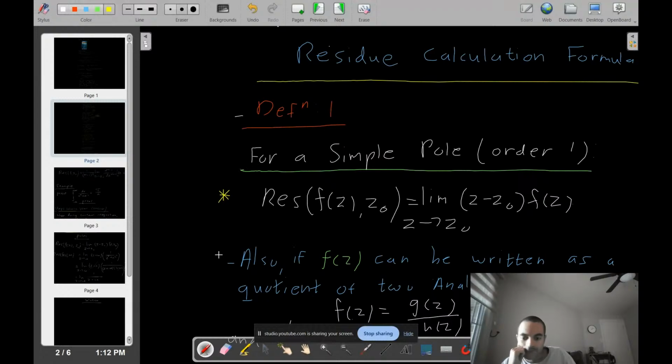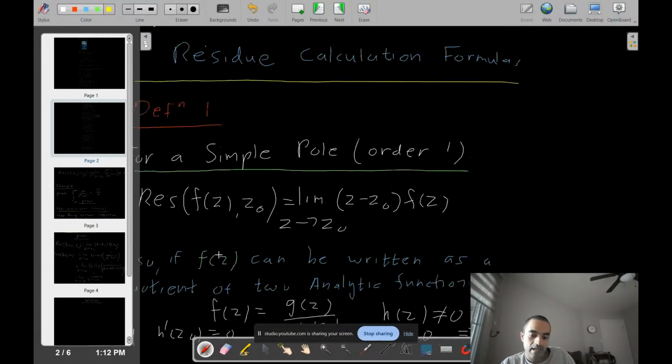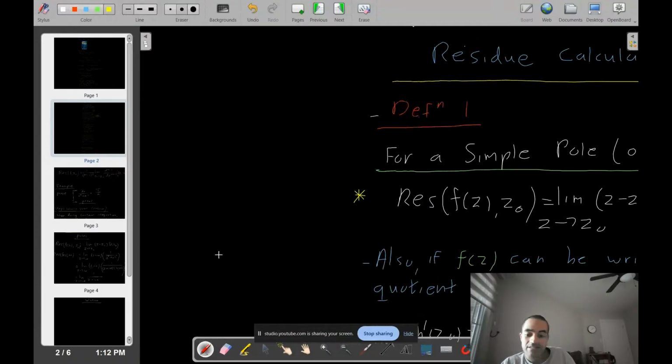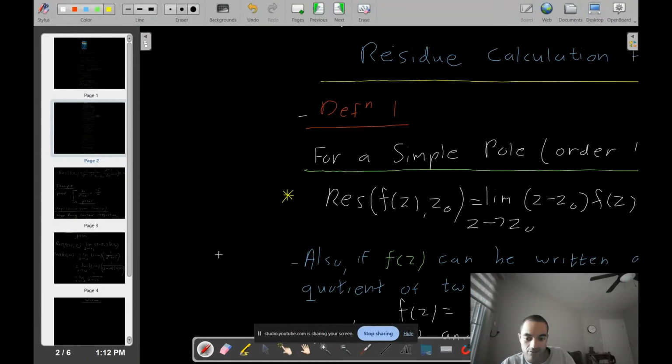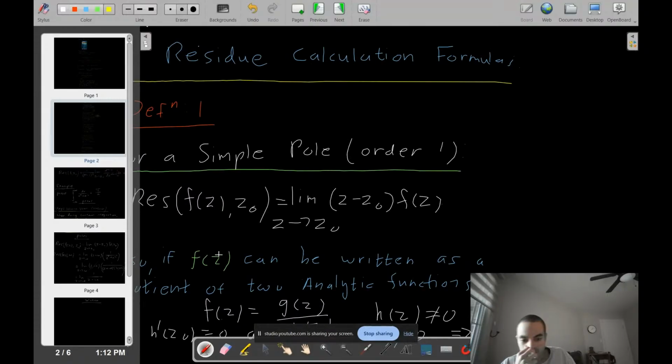So if f of z can be written as a quotient of two analytic functions, f of z equals g of z over h of z, where h of z cannot equal 0, and h prime of z0 cannot equal 0, and g prime of z0 cannot equal 0, then this is also equivalent: the residue of f of z, comma z0, can be written as g of z over h prime of z.